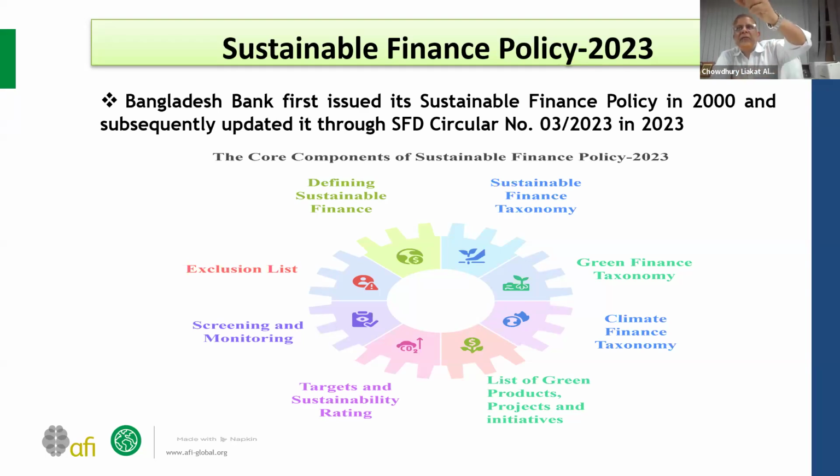And you see in our slide the core components of our sustainable finance policy. That means we are trying to define sustainable finance, then the sustainable finance taxonomy, the green finance taxonomy, and the climate finance taxonomy, and also the list of green products and project initiatives we included in the taxonomy, the targets of the lending decisions, also the monitoring tools and the screening process.